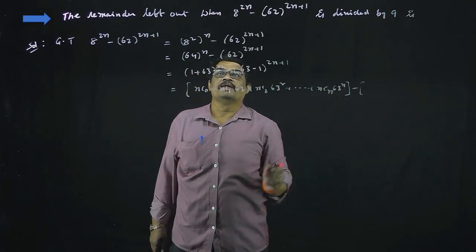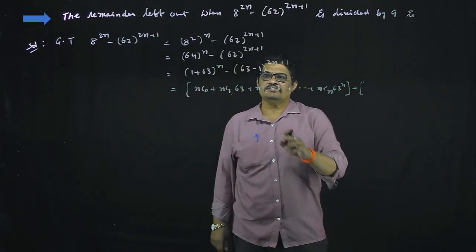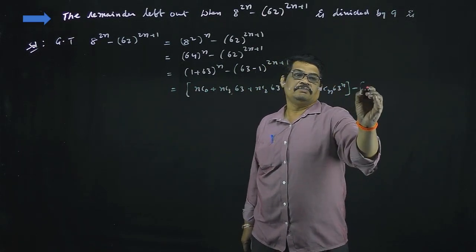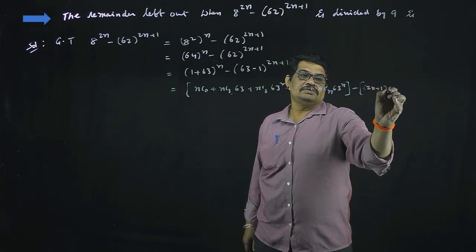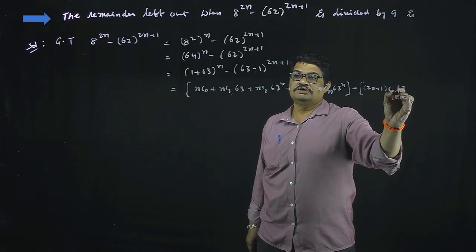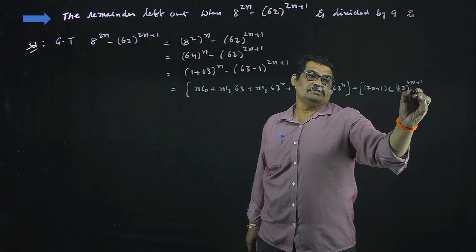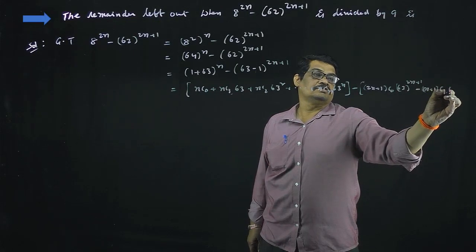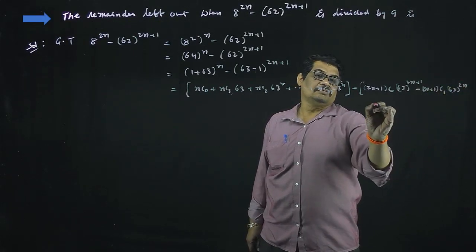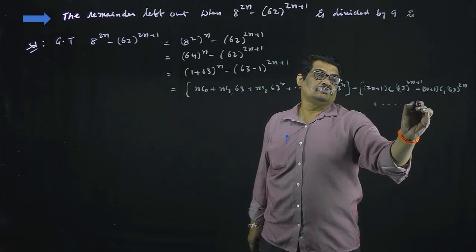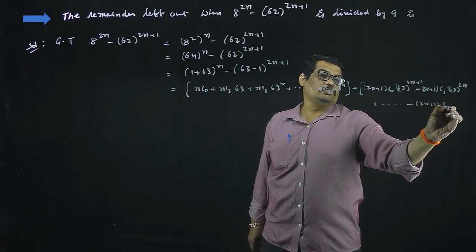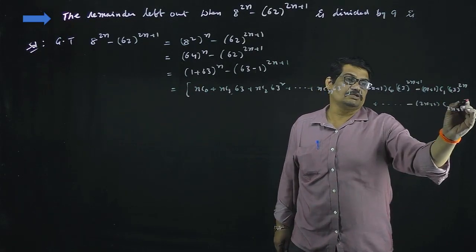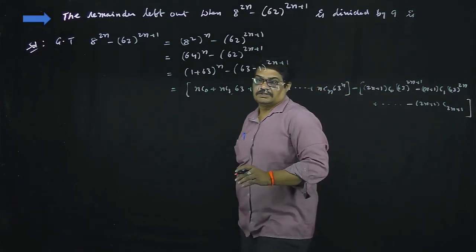Then 2n plus 1 C0 into 63 to the power of 2n plus 1 minus 2n plus 1 C1 63 to the power of 2n and so on. In the last term, 2n plus 1 C 2n plus 1 into 1 to the power of 0, that is nothing but 1. Okay, now this is the expansion.